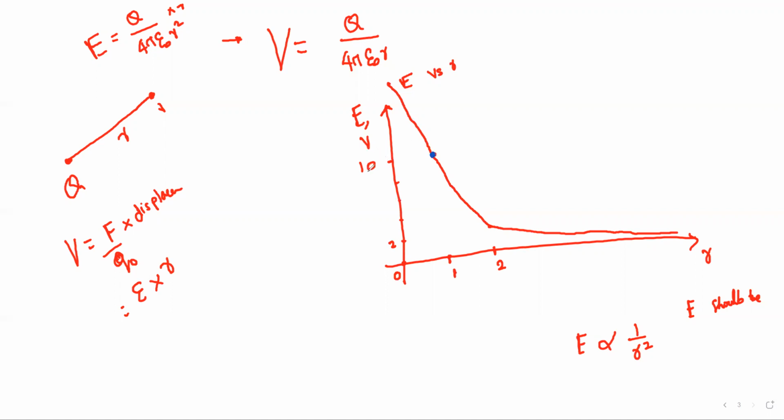If I increase distance 2 times, V is inversely proportional to just R only, so V should decrease 2 times, right? So it should go somewhere here. That graph also follows the same way, but in a different manner, like this.